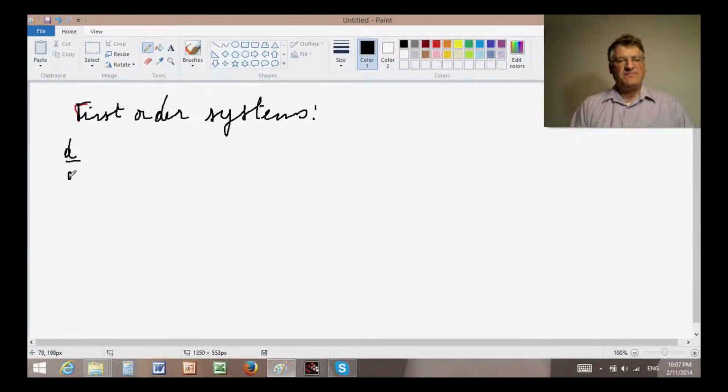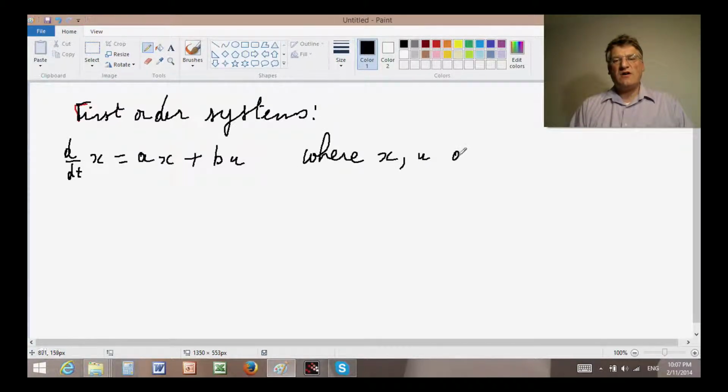d/dt of x is equal to a times x plus b times u, where x, u are numbers. To be more precise, scalar functions.